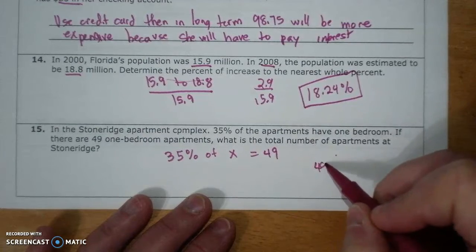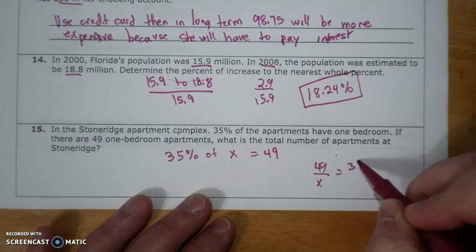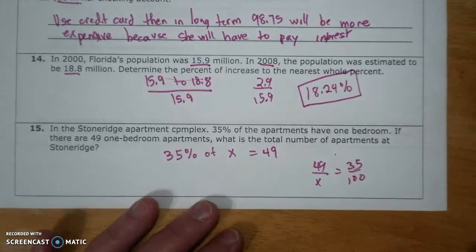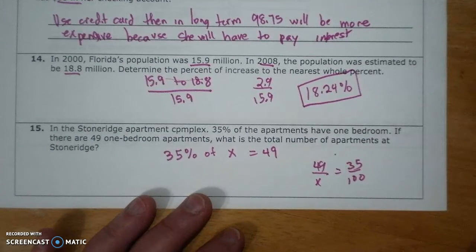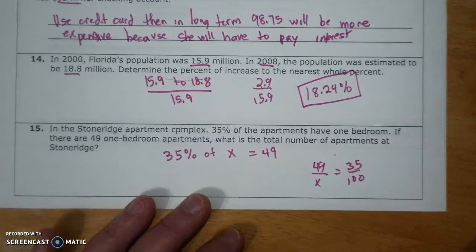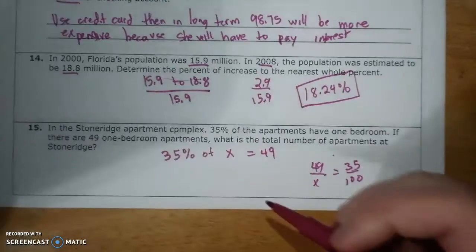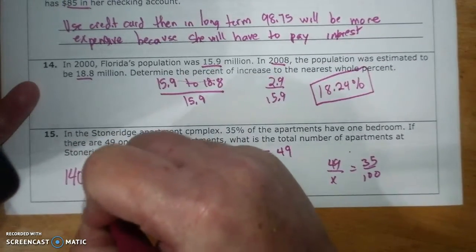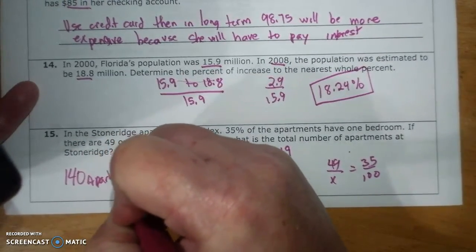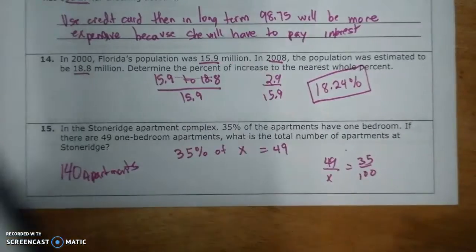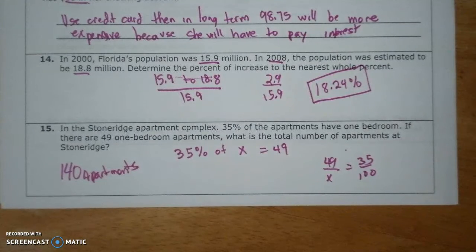Or 49 over X equals 35 over 100. Two different ways to do it. 4,900 divided by 35 is 140 apartments. And I can check that by going 140 times 0.35 and right back to 49. So I can always check that.